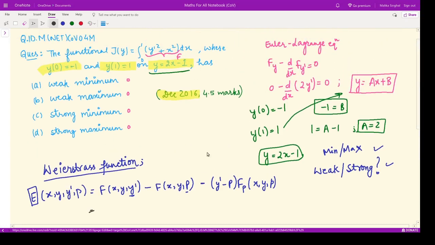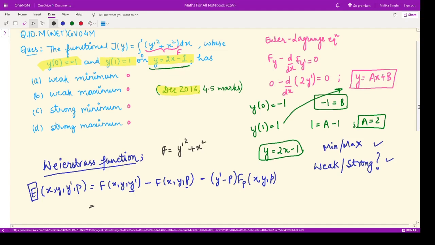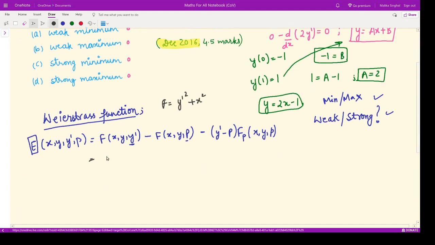Our f is y dash square plus x square. Now you just replace y dash with p, so we have p square plus x square, minus y dash minus p as it is, and then the derivative of this quantity with respect to p, so that would be 2p, right?